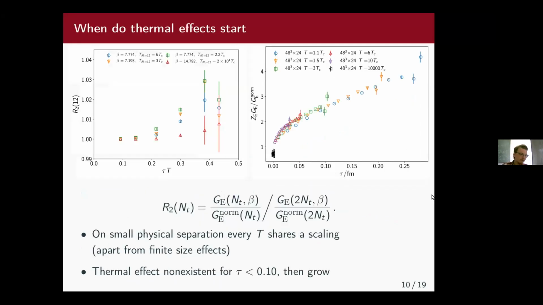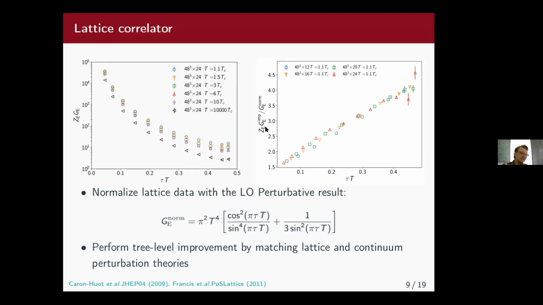And the ZE here is a lattice-only renormalization constant coming from the fact that the lattice chromoelectric field has a finite size, and in the continuum the chromoelectric field is of course point-like, so there is a lattice-only renormalization constant, for which we use the Laine et al. perturbative result.